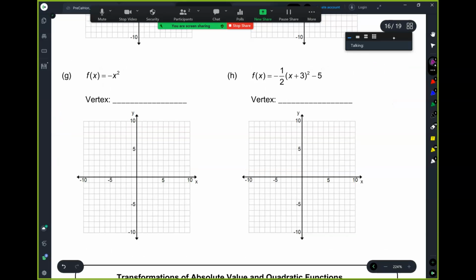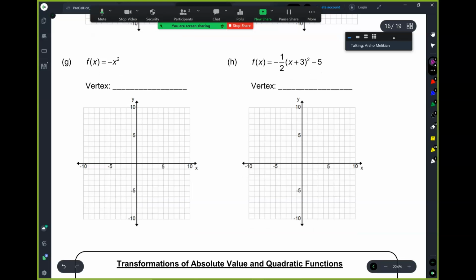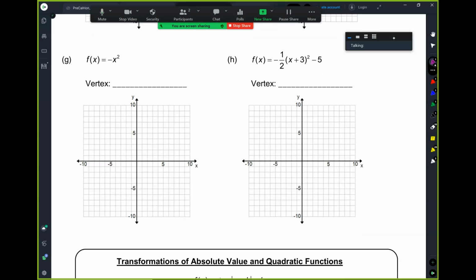Okay, -x squared, what happens to that one? Reflection in the x-axis. Down. So the vertex is still 0, 0. Now, if I plug in 1, I'm going to get -1. And this is important. A lot of people had trouble with this on the quiz.